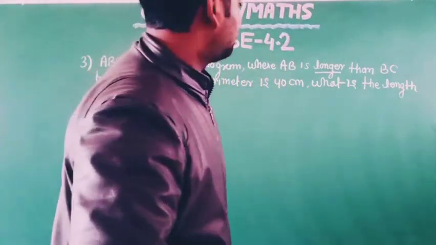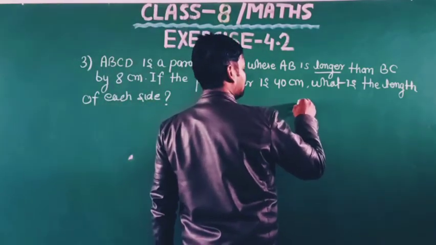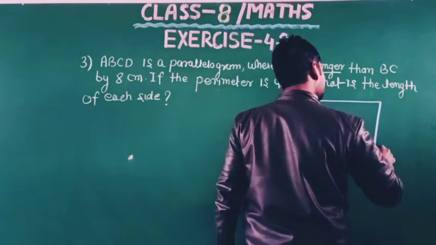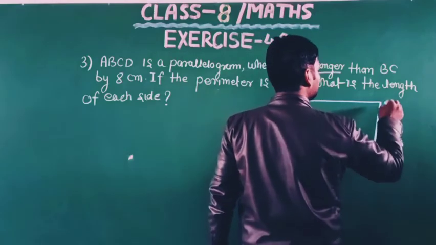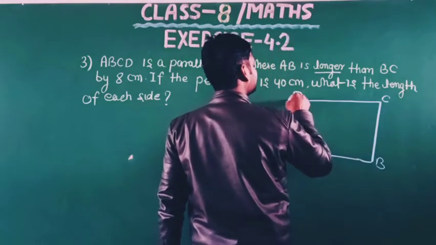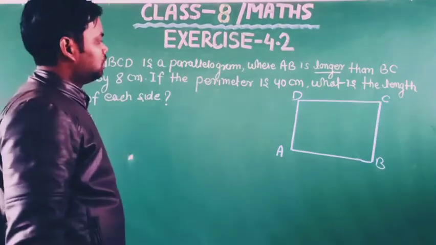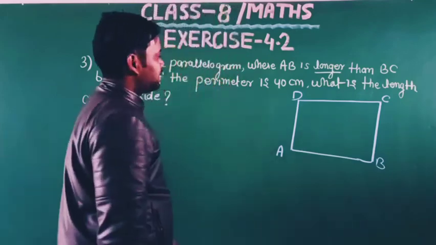So a parallelogram ABCD is given, where side AB is longer than BC by 8 centimeter.